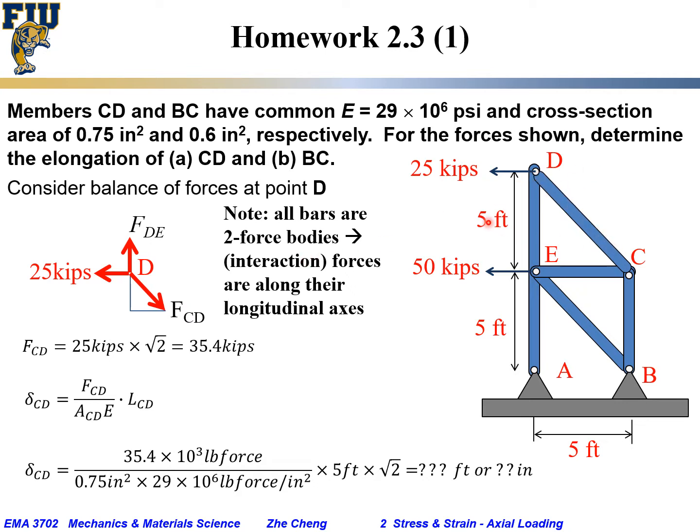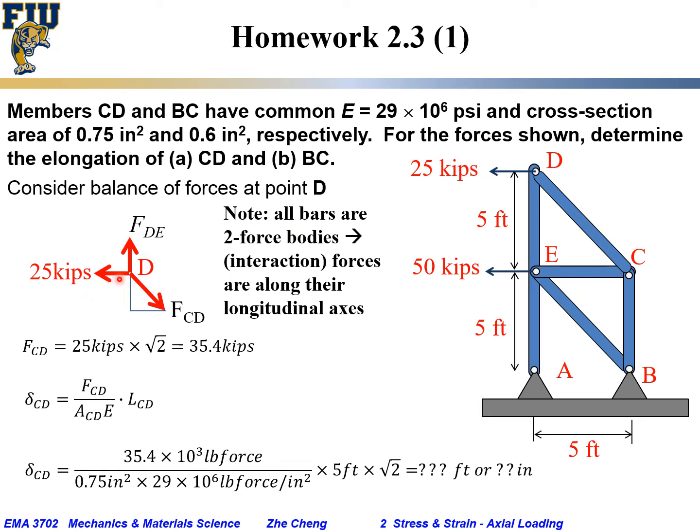If this is 5 foot, this is 5 foot, 90 degree, then this is 45 degree going along the lower right hand side. Similarly, for DE, it has to be vertical. The force exerted by the DE onto the pin D would be vertical.